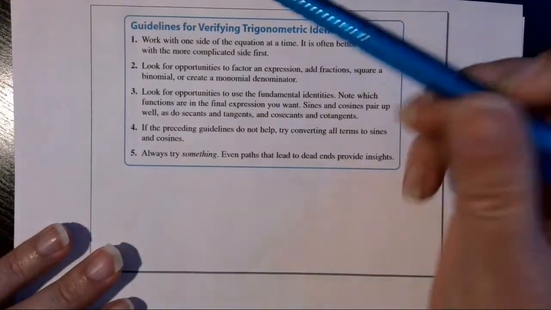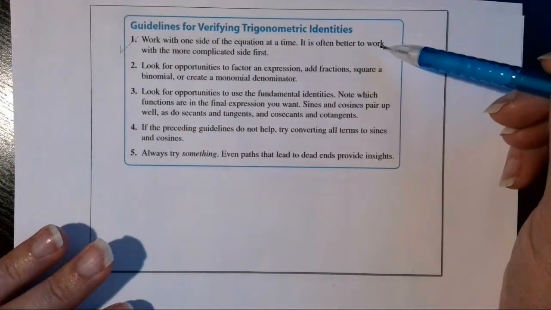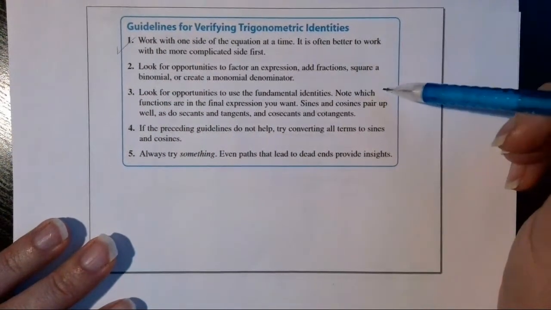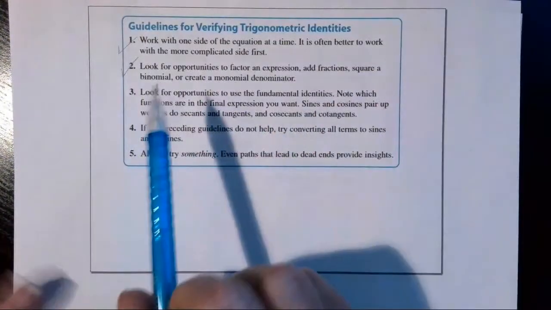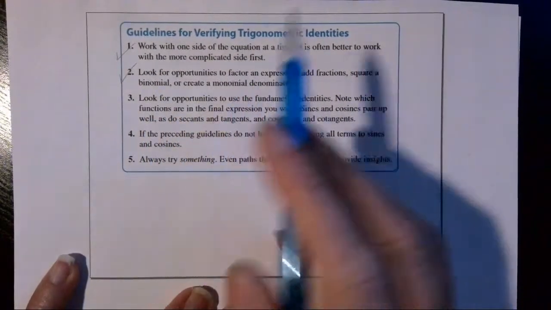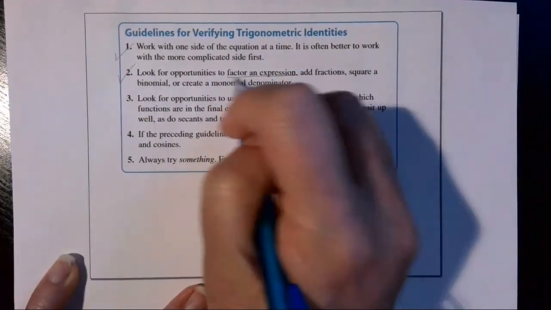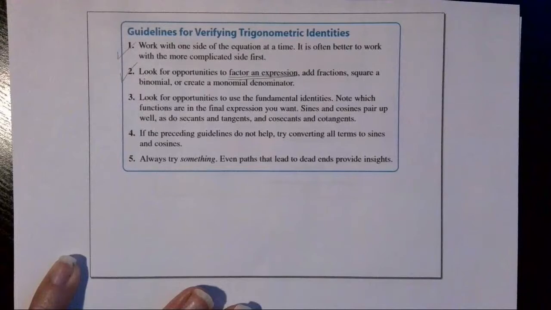So the first one, number one, is to work with one side of the equation at a time, starting with the more complicated side first. And we talked about that one before. Step number two, this one is new. We haven't looked at this one yet, but we will in this next example. So look for opportunities to factor an expression. If you see anything that's quadratic, for instance, or in a quadratic form, you might be able to factor it using the factor box.